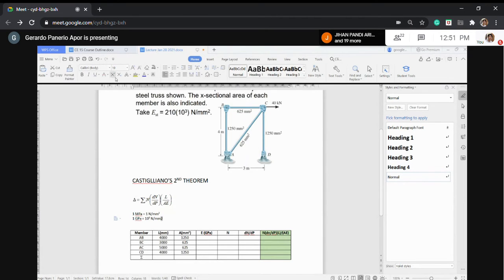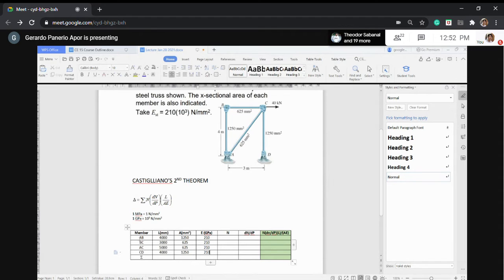Now E is 210,000 megapascal for all because AB, BC, AC, and DC are made of steel. So I will put here 210. The unit is gigapascal or kilonewton per mm squared. This one is 210 also. If one of them were wood, we would use a different E. But it is made of the same material all over.